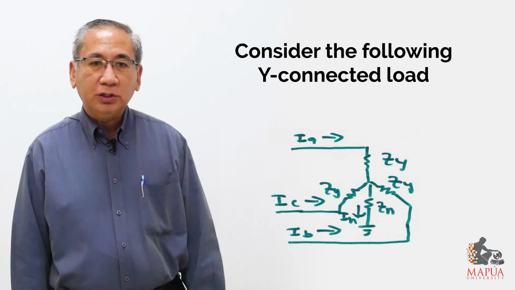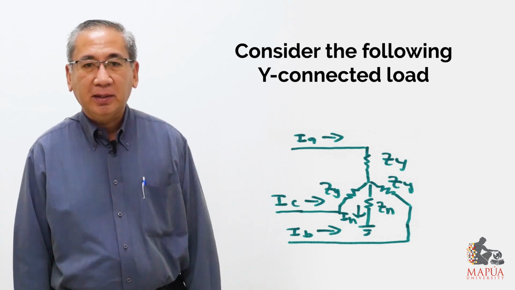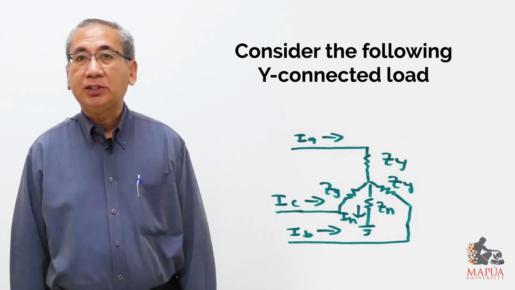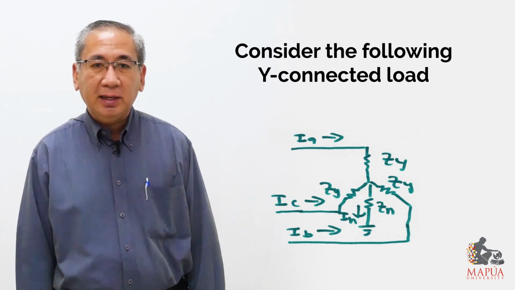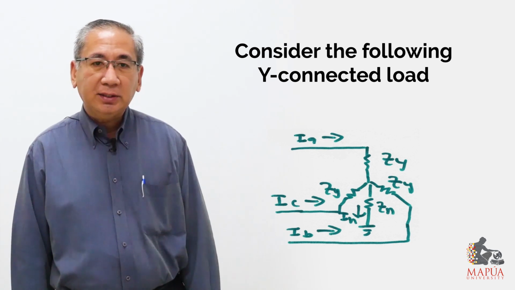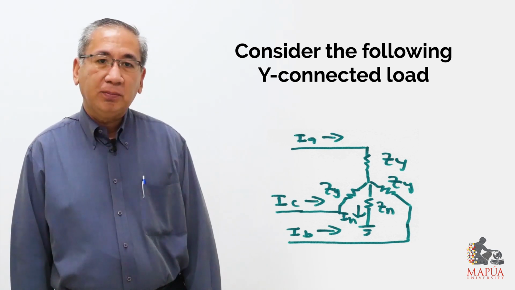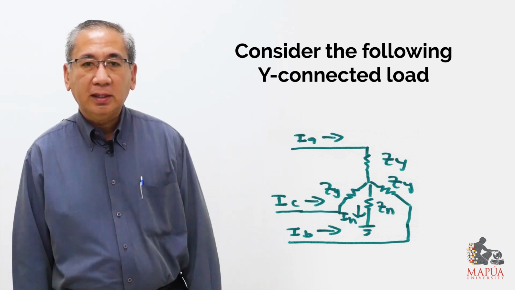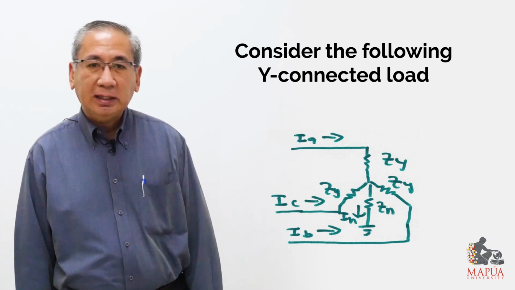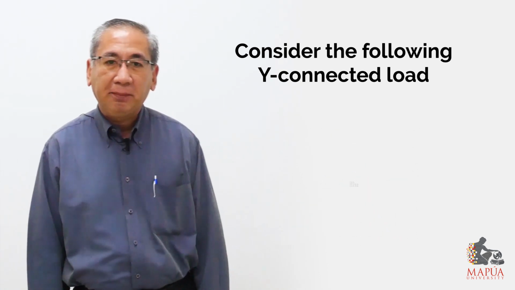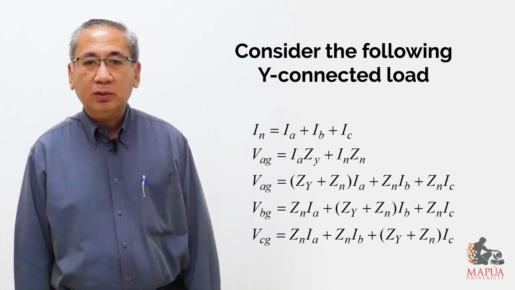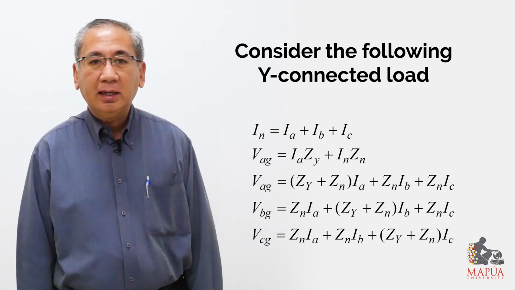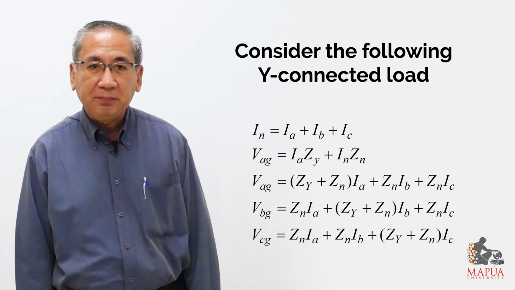The load is connected to a balanced three-phase source, wherein line currents will be flowing for each line, IA, IB, and IC. These line currents will be flowing to the neutral point of the Y-connected load, going to the neutral impedance, and this current will be equal to IN. IN is equal to the vector sum of IA, IB, and IC.